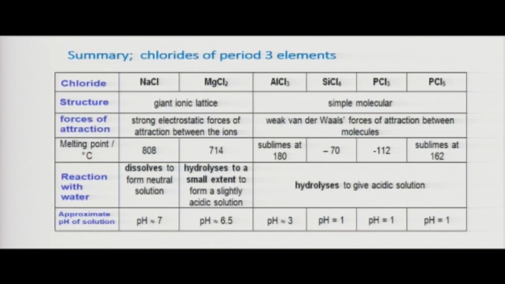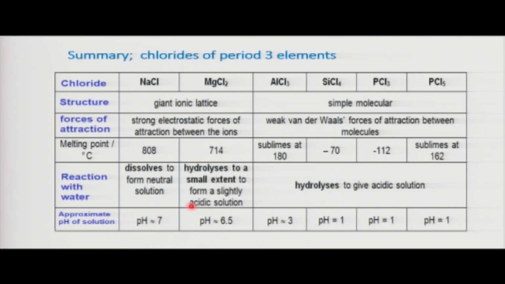Let's make a quick summary about the chlorides of period 3. The table summarizes everything. You see the chlorides, their bonding and structure, the forces of attraction, their melting points, and what is formed when they react with water. These form a neutral solution.